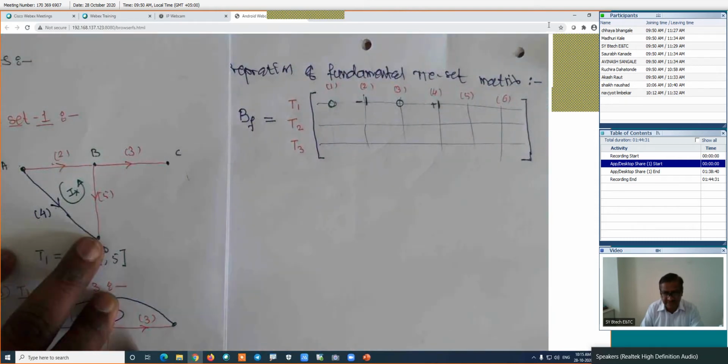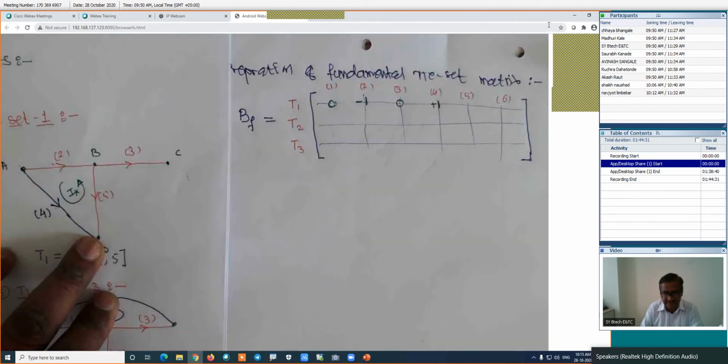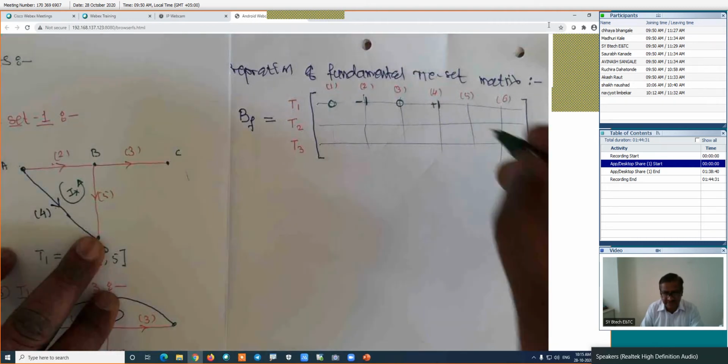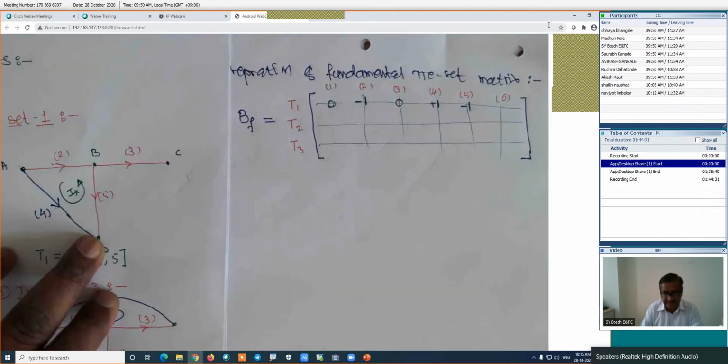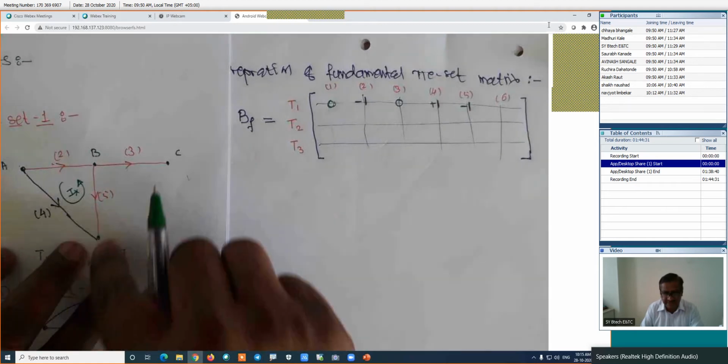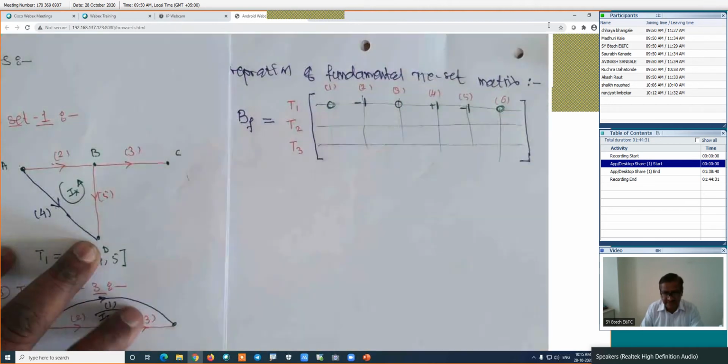Branch number 5 is downward while this Triset current is upward, so its entry will be -1. Finally, branch number 6 is not part of it, so its entry will be 0.